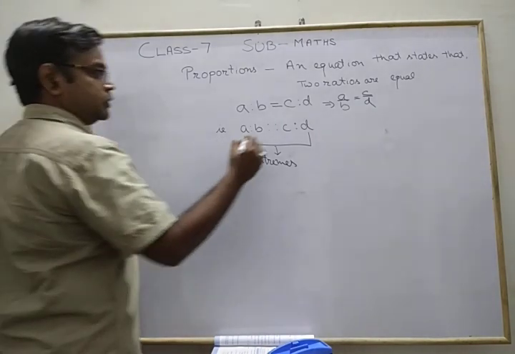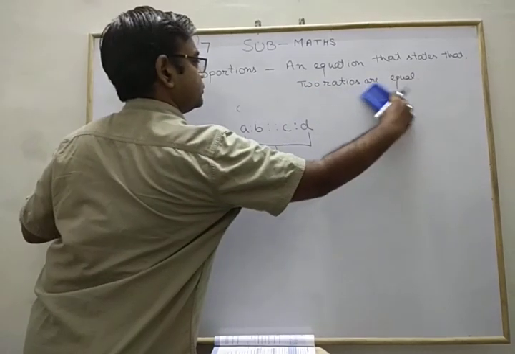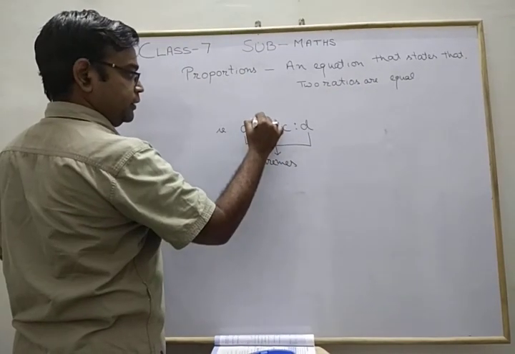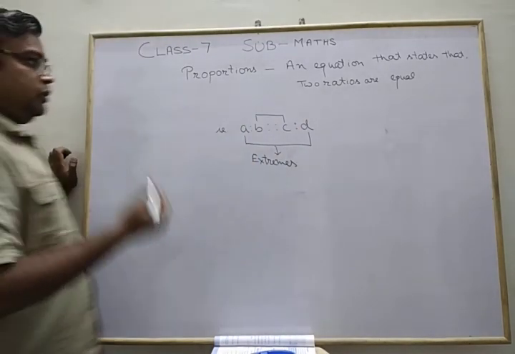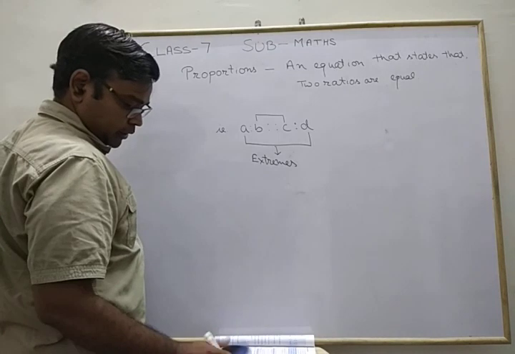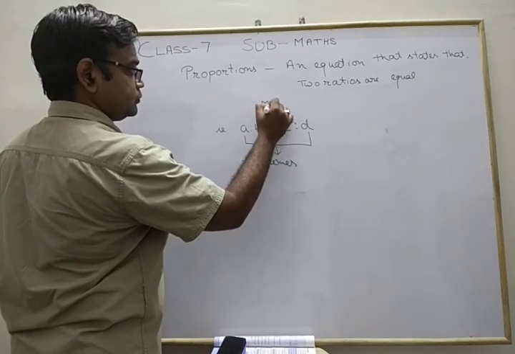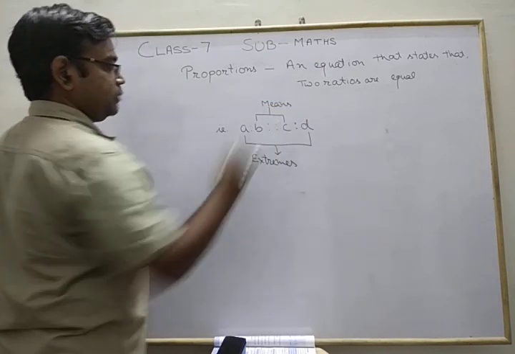What we observe is that in the middle there are two terms, B and C. These two terms are known as your means.